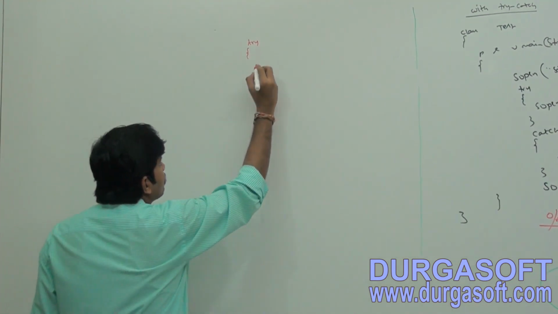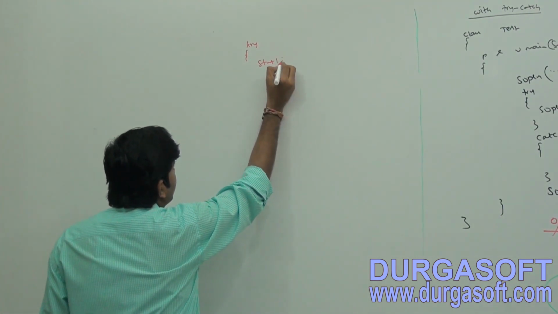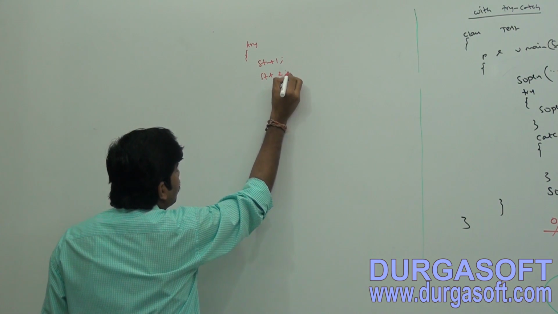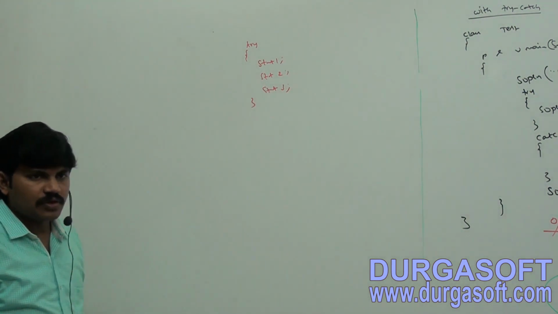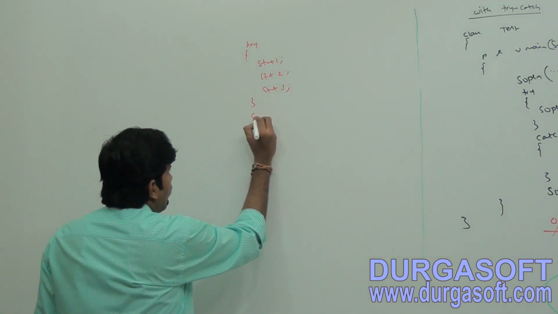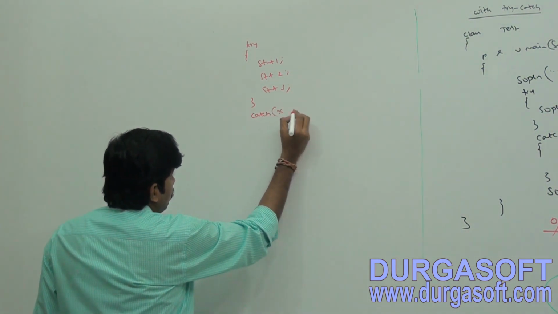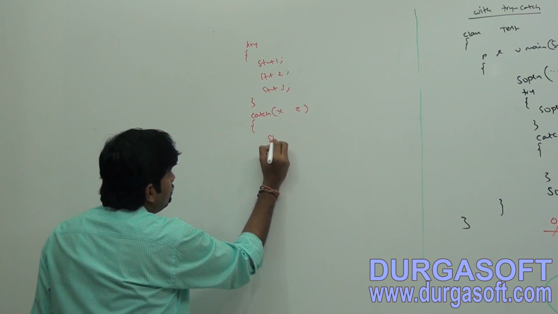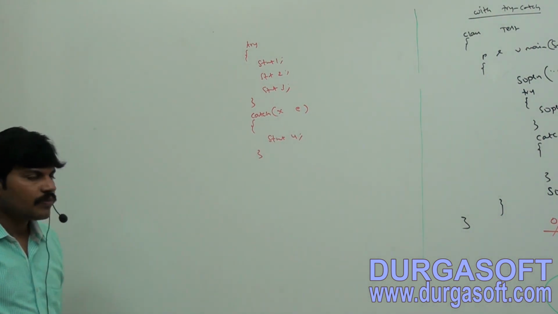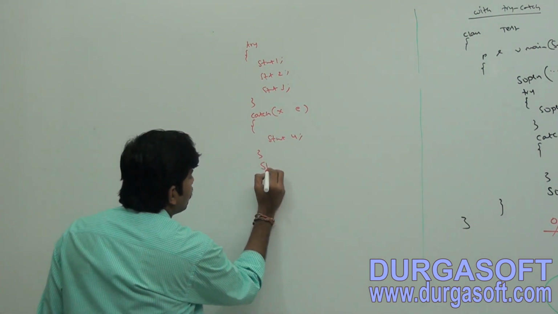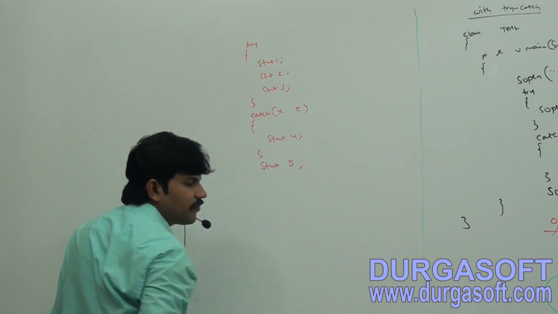Within the try block, I am taking statement 1, statement 2, statement 3. Then the catch block, exception e, statement 4. And then I am taking statement 5.